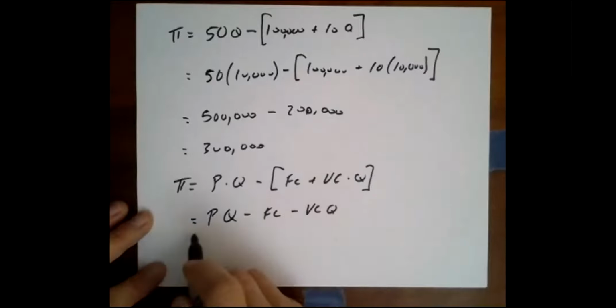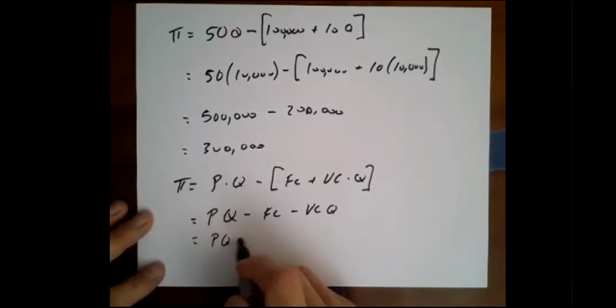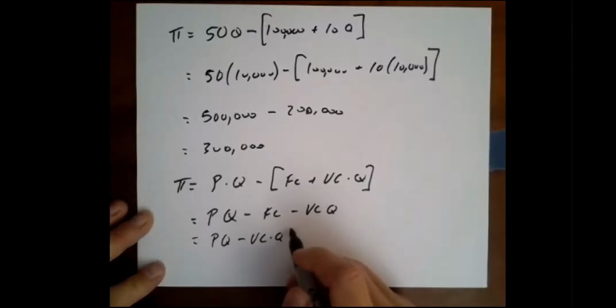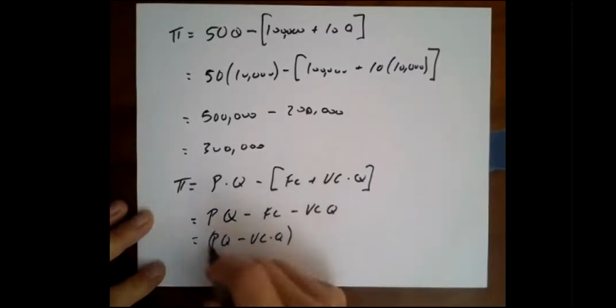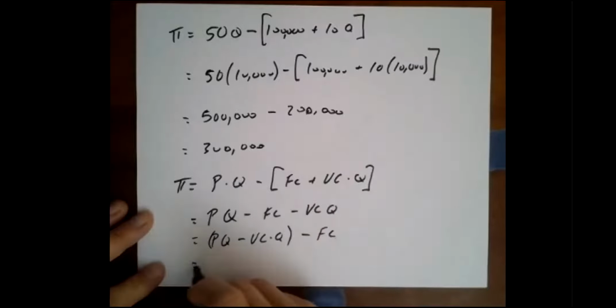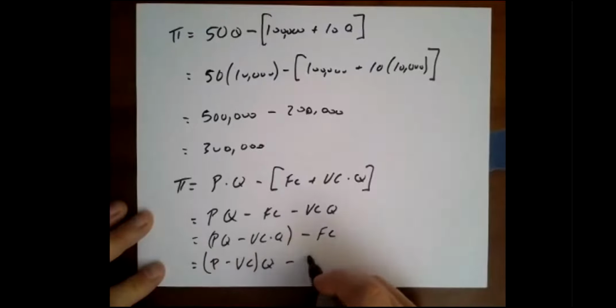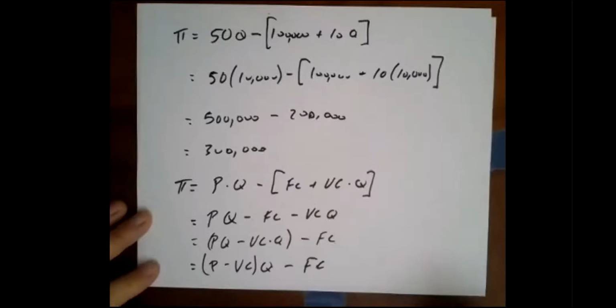And then I could rearrange terms so that I get PQ minus VCQ, right? Minus fixed cost, and then I can pull the Q's out and I can get P minus VC Q, right? So price minus variable cost times Q equals fixed cost.